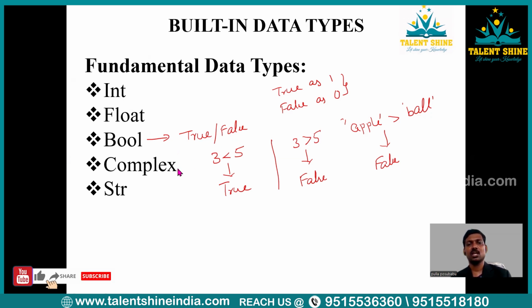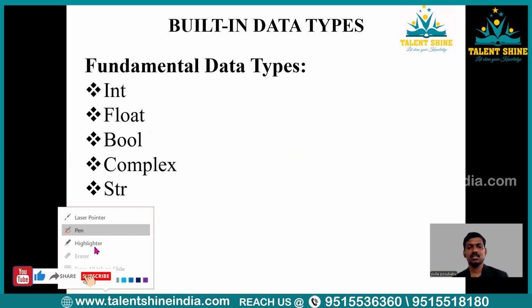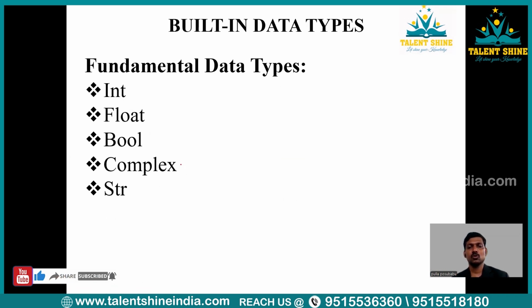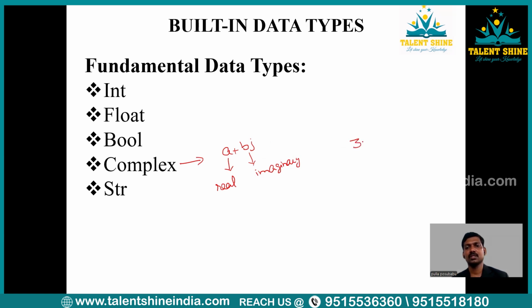Now let us discuss complex data type. The complex data type is in the form of A plus Bj. Here A is the real part, whereas B is the imaginary part. I hope everybody is clear. Now let us take one example for a complex number. 3 plus 4j. In this number, 3 is the real part and 4 is the imaginary part, right?